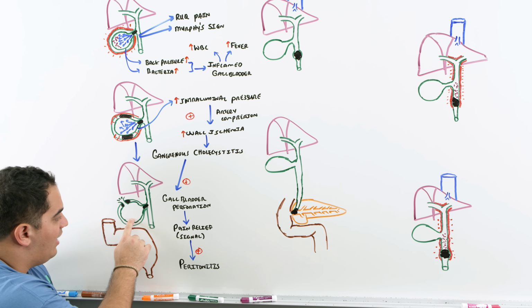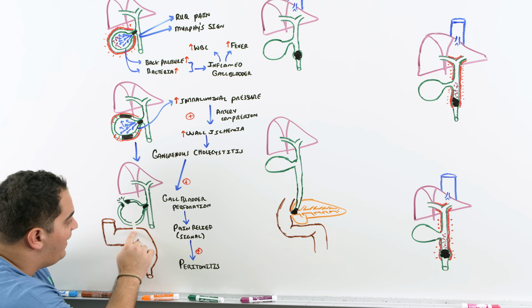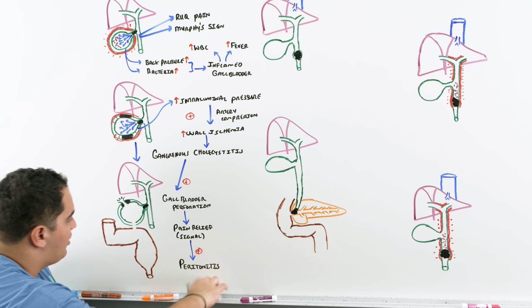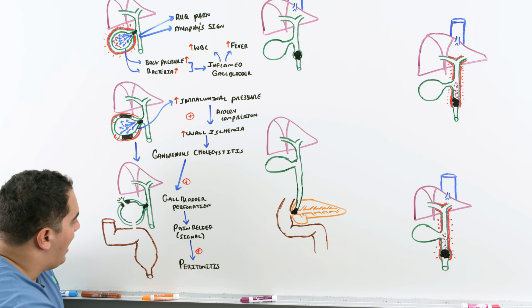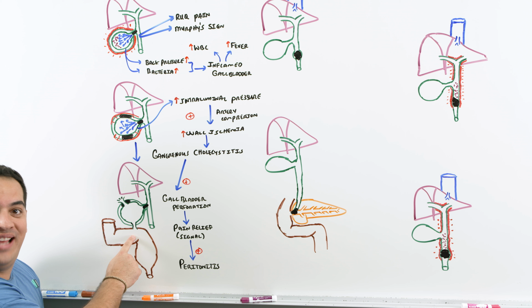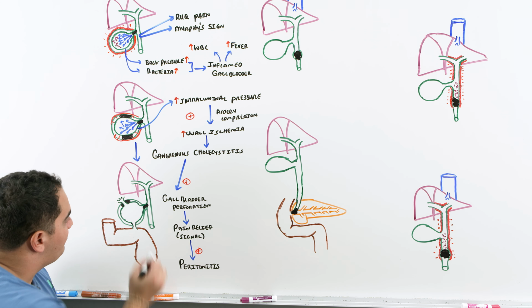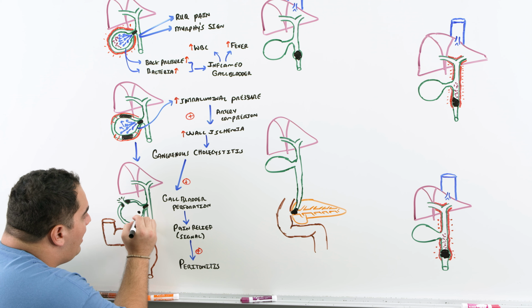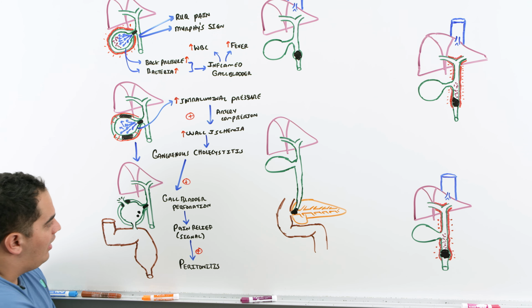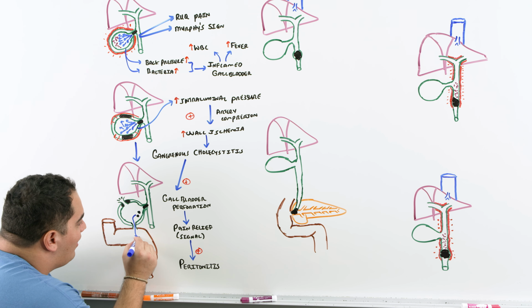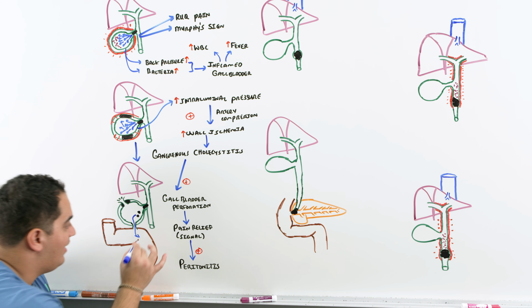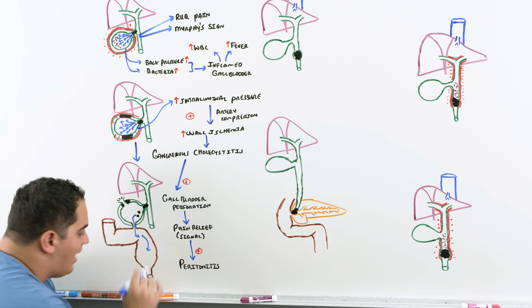This next one is they'll actually fistulize. What will happen is they'll create this little tract between the gallbladder and the small intestine. This is really interesting because now some of these stones can just rock their way out into the actual small intestine, and they may work their way down the small intestine.